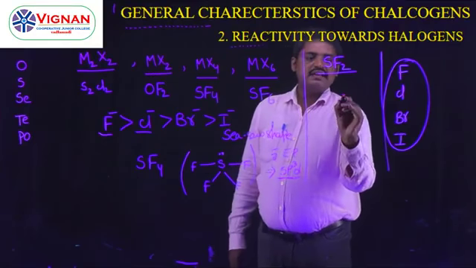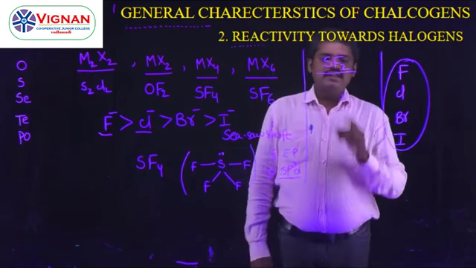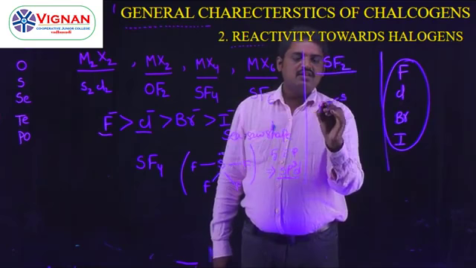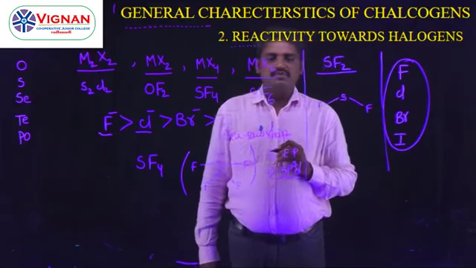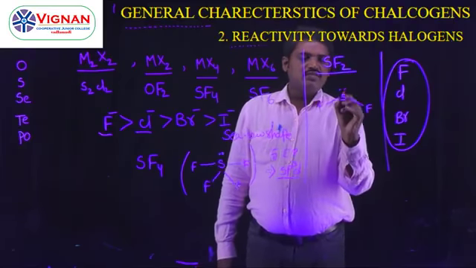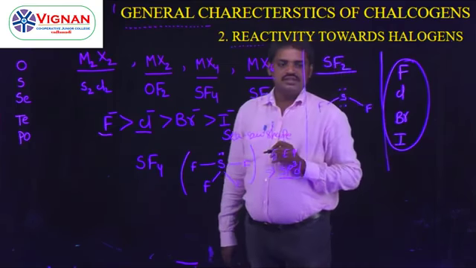So central atom sulfur contains 6 valency electrons. 2 electrons are participated for the formation of fluorine bonds, and the remaining 4 electrons are involved for the formation of 2 lone pair electrons.